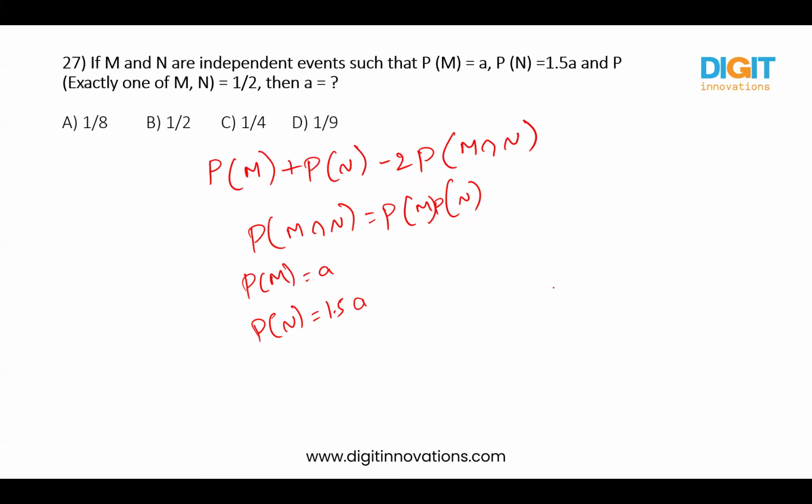I'm placing the values here: a plus 1.5a minus 2 times a times 1.5a equals, as they told, the probability is half.